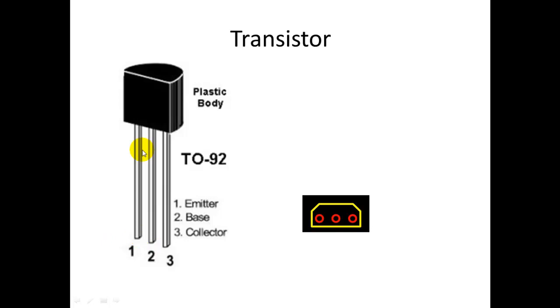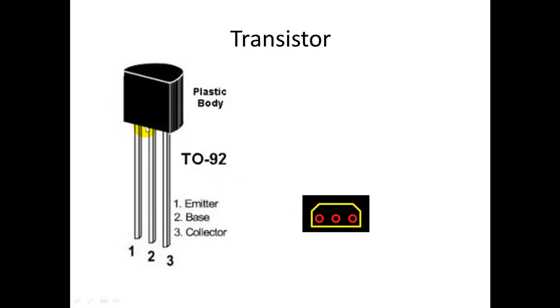So when you insert this transistor into a circuit board, you need to have an annular ring that lead number 1 will connect into, another annular ring for lead number 2, and another one for lead number 3. Here on the right you see the footprint of this transistor, the TO92 footprint.